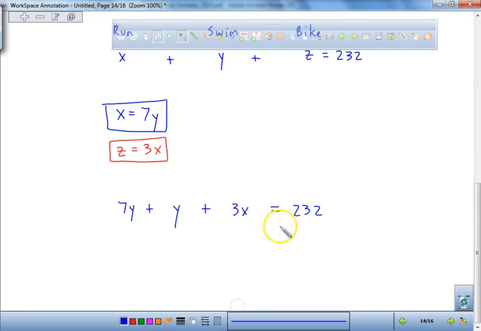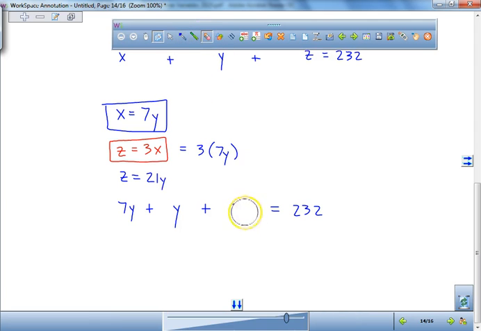Wouldn't it be much easier if we could get everything in terms of y, not x? If we could find y, we could just plug it in. But wait a second. What is x technically equal to? 7y. So if x is equal to 7y, then what am I going to plug in for x in the parentheses? 7y. So actually, z is equal to 3x, but z could also equal 21y.